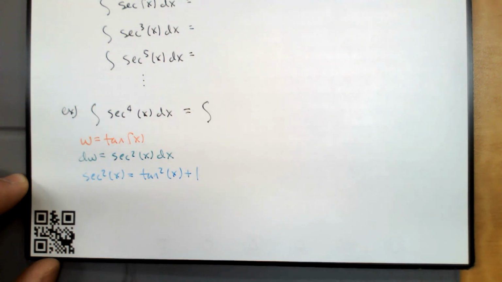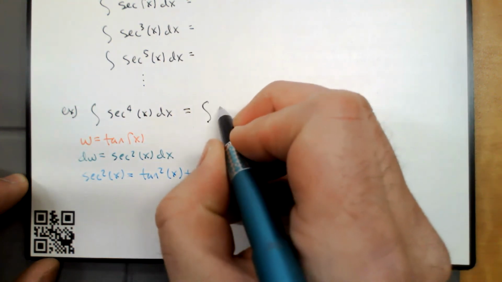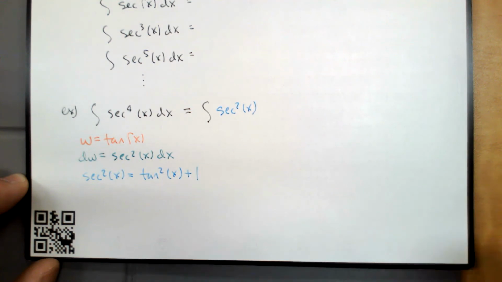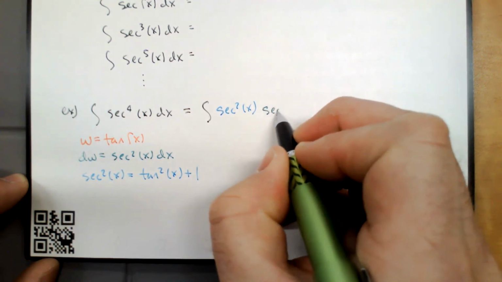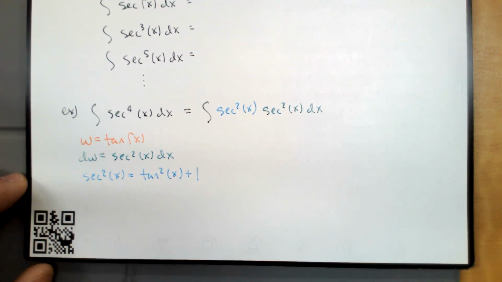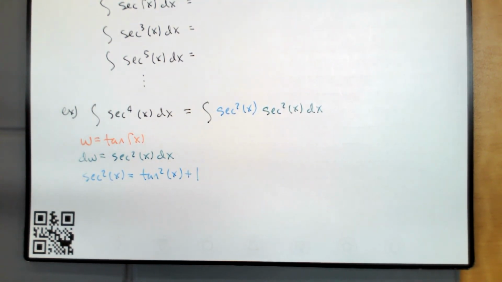And I'll have the integral of secant squared times secant squared. And that blue secant squared is going to turn into a tangent squared plus 1.